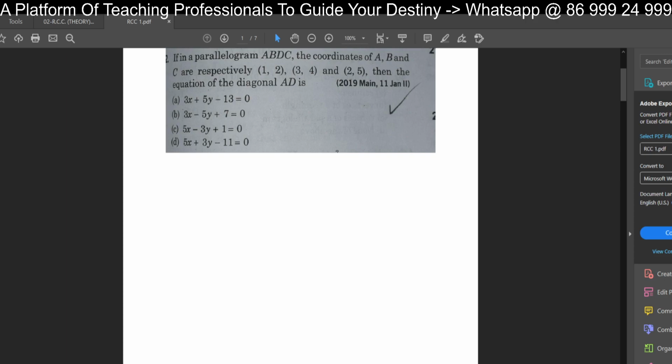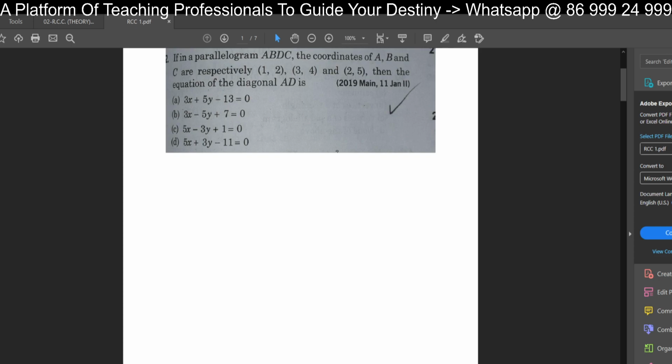Similarly, check for C. Five into 5 by 2 minus 3 into 9 by 2 plus 1. 25 minus 27 minus 2 by 2 plus 1.